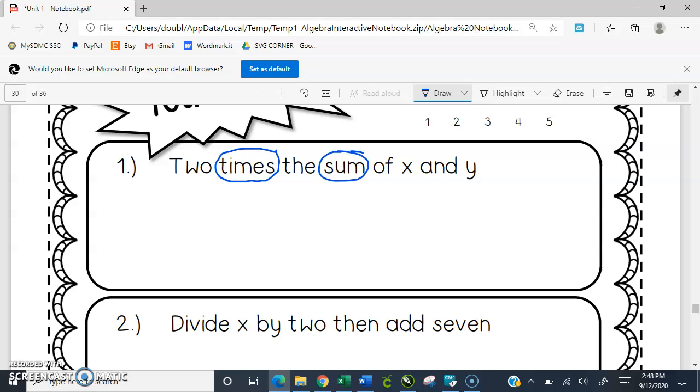When we're in high school, we don't use this multiplication sign anymore because that's normally a variable. So let's use parentheses. So 2 times the sum of x and y. Sum means addition. We have our x and y right here. So 2 times the sum of x and y, which really becomes a distributive property.